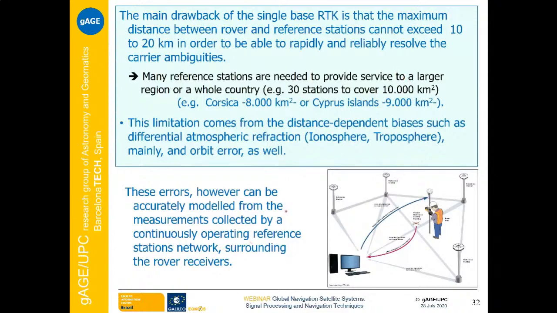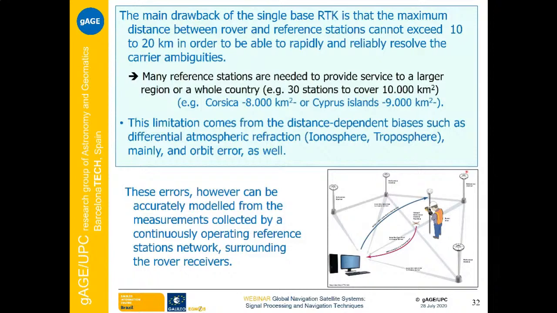Well, the idea, in order to extend the baseline, is to use a reference station network instead of using a single reference station, and using this network to compute an atmospheric propagation model in order to mitigate the atmospheric propagation error.